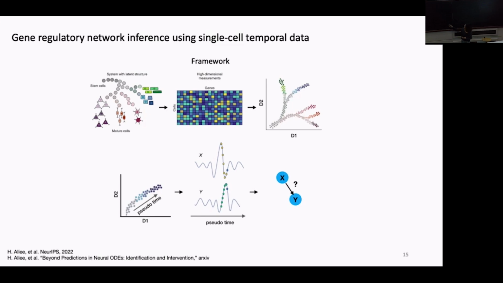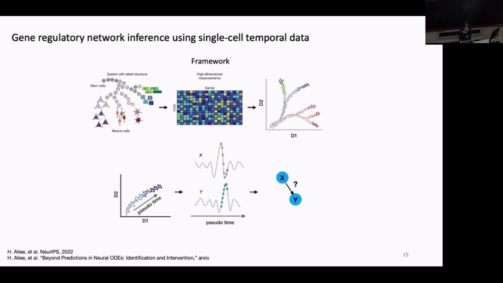And then if we are interested in a certain part of this data, then we can take it and sort the cells along that trajectory, assign a pseudo order or pseudo time to them. From this, we can then say how genes, for example X and Y here, change their expression over pseudo time, and from that we can learn the potential interaction between genes.